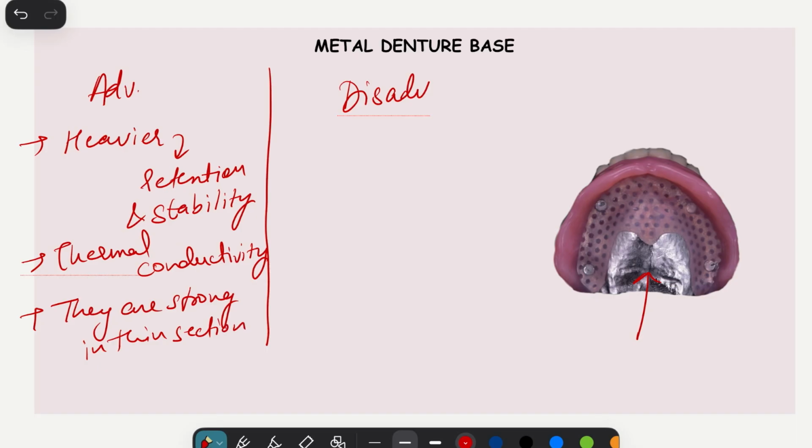Now, let's see the disadvantages. So, the metal denture bases are more expensive. They also require more time for fabrication.